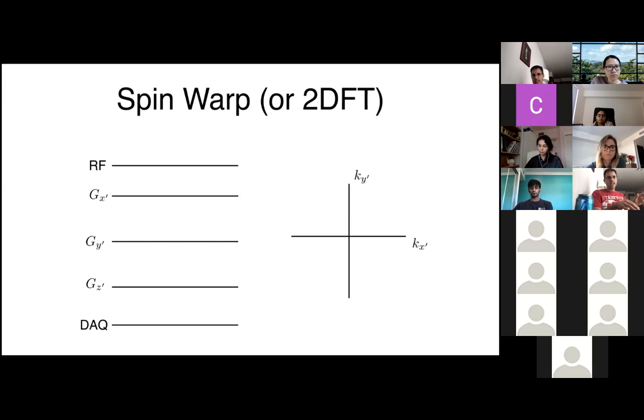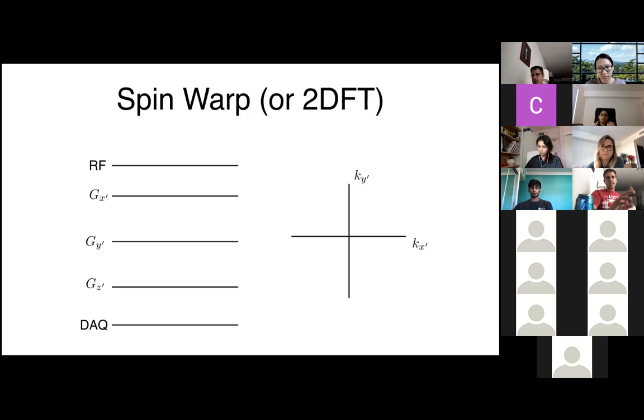It's not nearly as many keys as the piano. It's more like a trumpet where we have just 4 tones: RF, GX, GY, GZ. Forget about RF. And then DAQ means that's when I'm going to acquire data, so either on or off. I either acquire data or I don't.